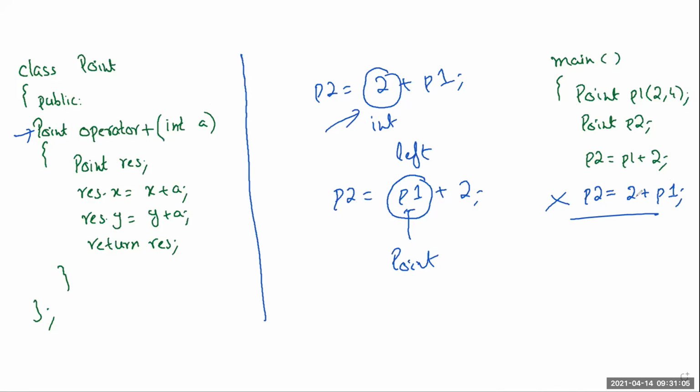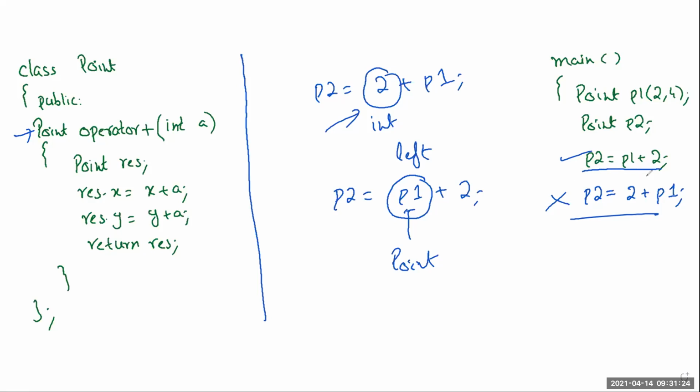But in this case, on the left side of plus we have 2, which is an integer. It is not a class. So if someone writes p1 plus 2, it is okay. But if someone writes 2 plus p1, then this will not compile. So this could cause an error.